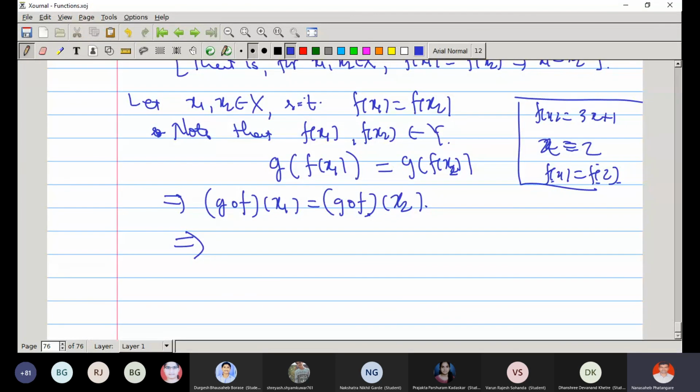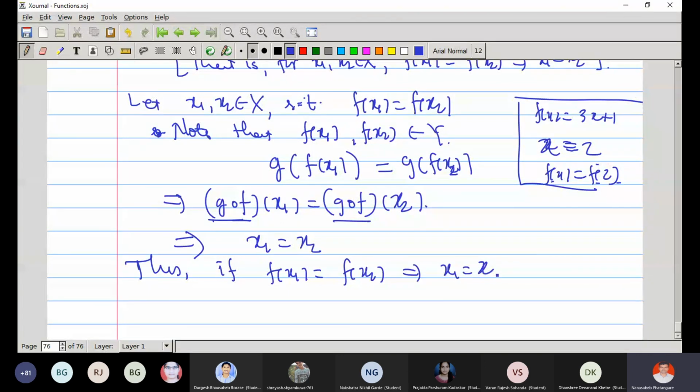What does this imply? This is the assumption: g composite f is 1-1. Images are same, and g composite f is 1-1. By definition of 1-1, can I say that x1 is equal to x2? Yes. So what is the conclusion? We started with f(x1) is equal to f(x2), and we reached x1 is equal to x2. Hence we conclude that f is 1-1.